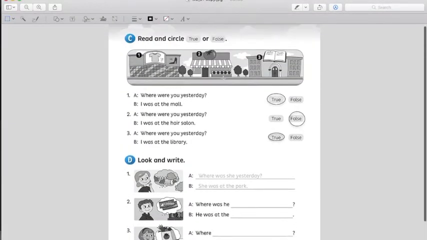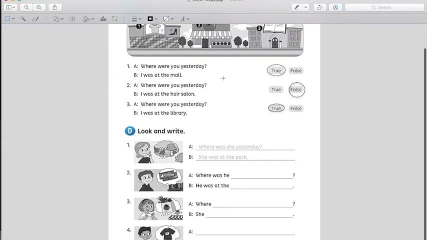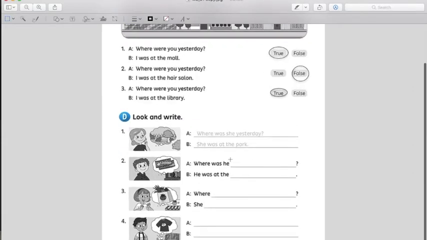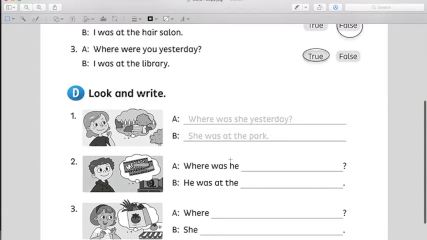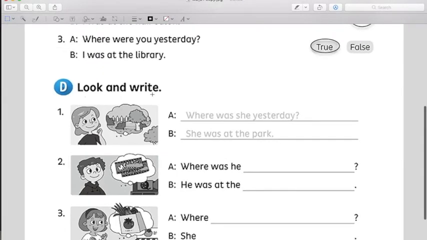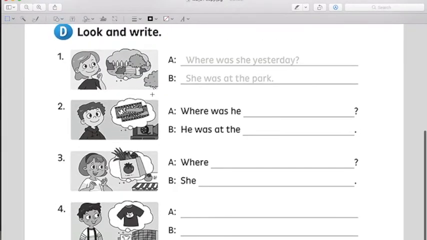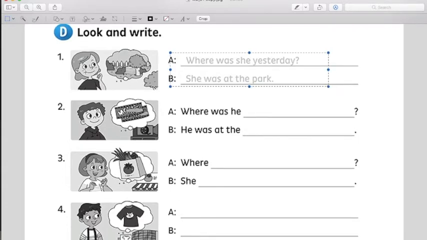All right, so we finished letter C. Now let's continue to letter D. So let's take a look here at the example. Look and write. So the first example gives you already the question and answer. Well, let's take a look here at the picture. It looks like she is thinking about, what is this?